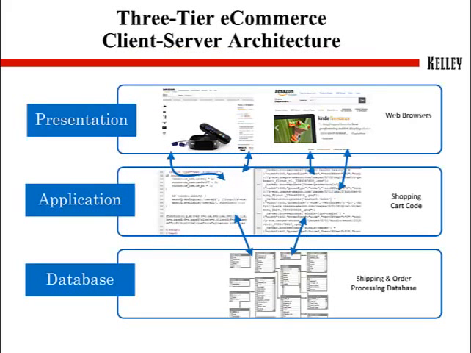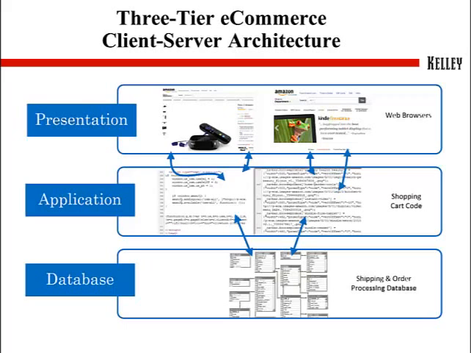Perhaps an easy example of three-tier client-server architecture would be an e-commerce configuration. The presentation tier would contain web browsers, and these web browsers could be on cell phones, iPads, computers, or any other type of mobile device. The application tier would contain all of the code that would process, for example, somebody buying something, which would be shopping cart code.